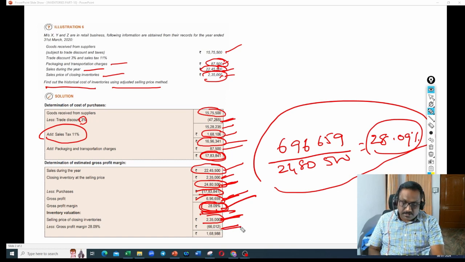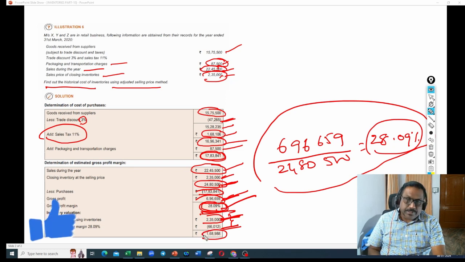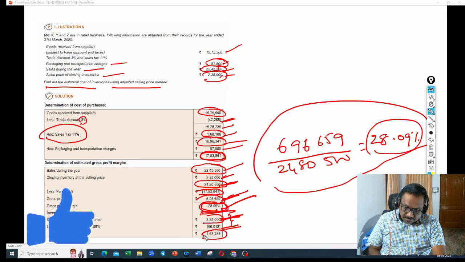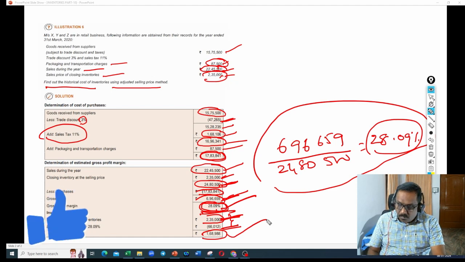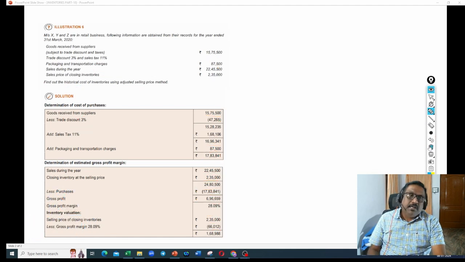This is the gross margin. Once you reduce this gross margin, you will get what should be your cost of inventory. This is your cost of inventory. Simple. This is how you need to calculate the cost of inventory by applying the adjusted inventory price method.